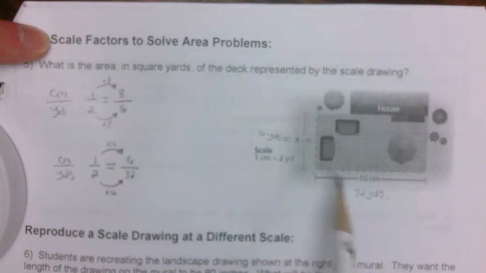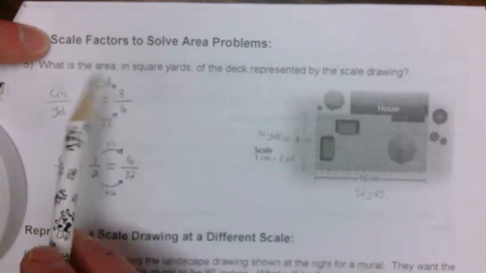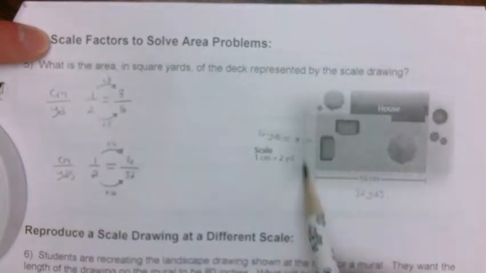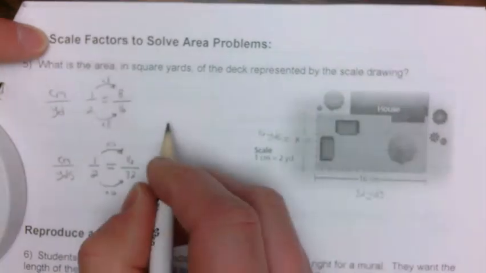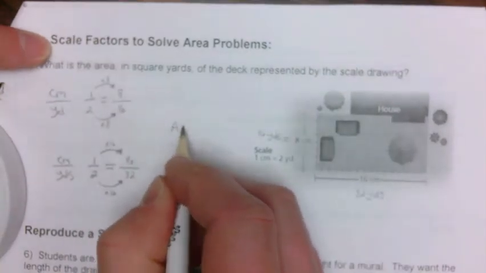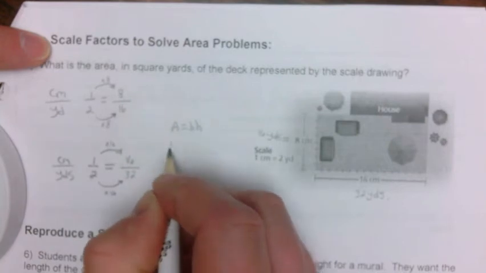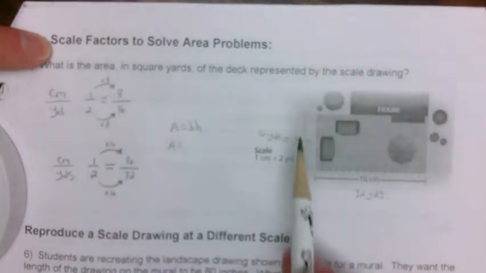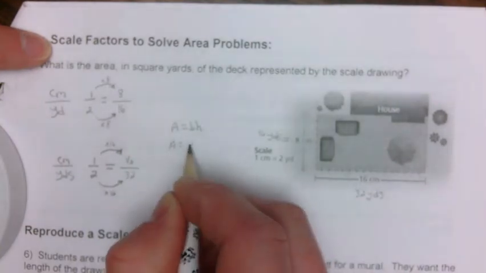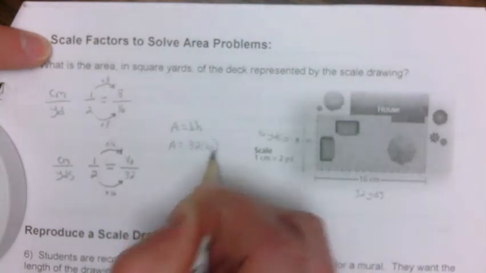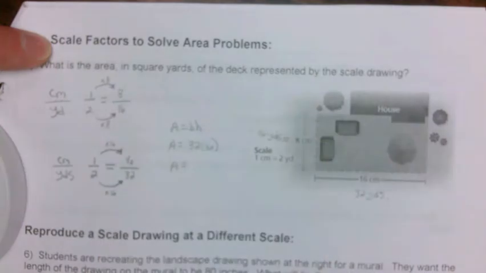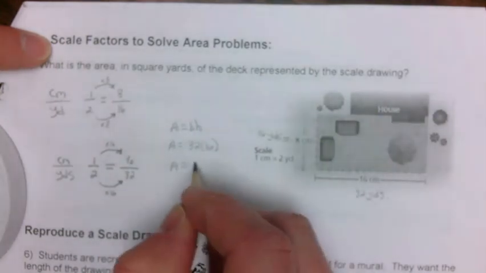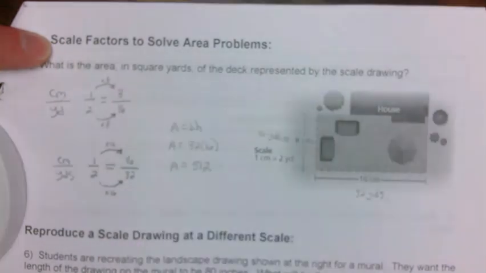Now that we have the actual measurements in yards, we can calculate the area. The deck is in the shape of a rectangle. To find the area of a rectangle, you simply do base times height. Okay, well, the base is measuring 32 yards. The height is measuring 16 yards. 32 times 16. And when you multiply 32 by 16, you get 512.